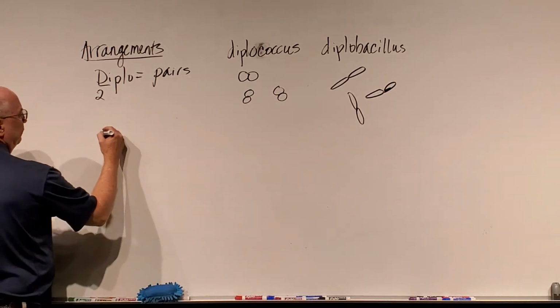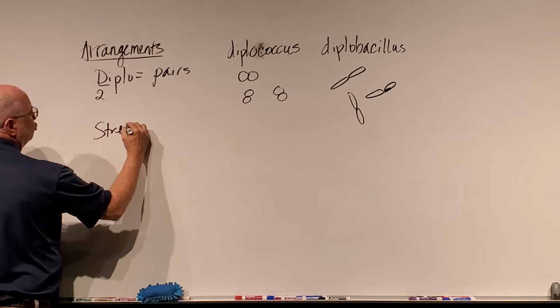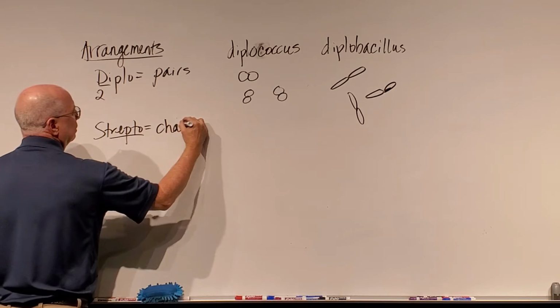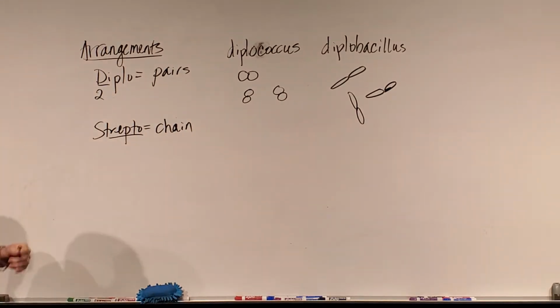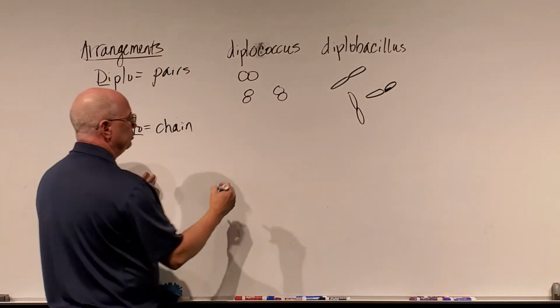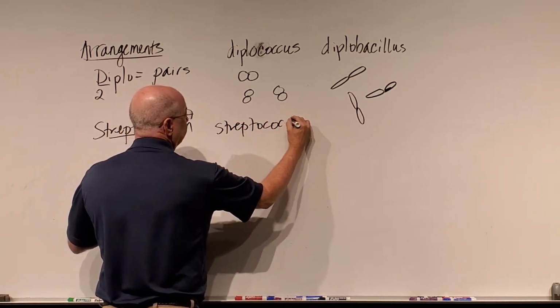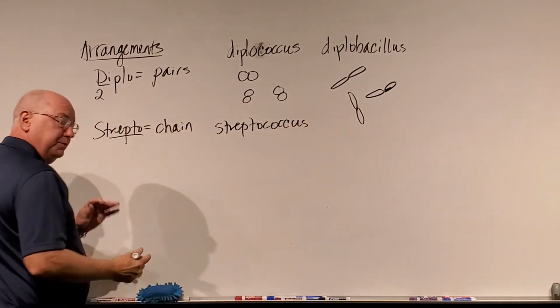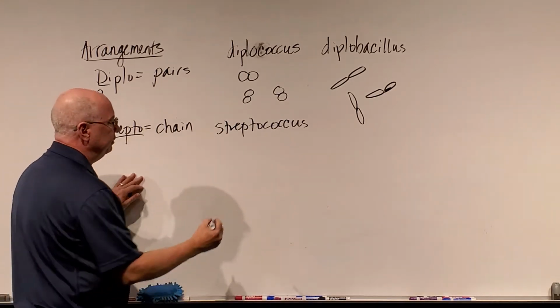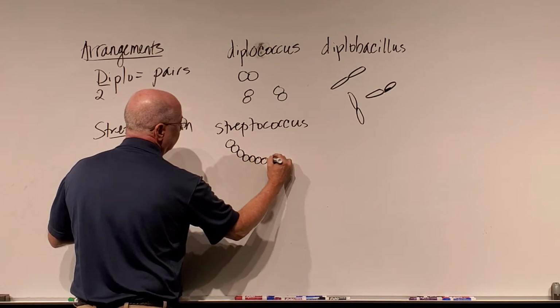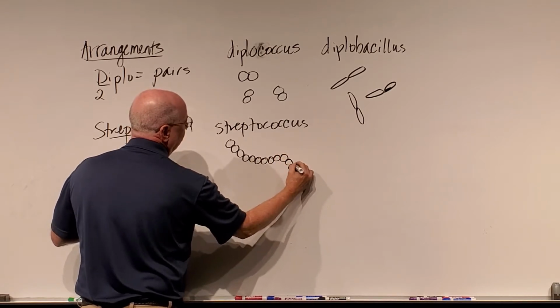Now, the term strepto refers to a chain of these guys. And so if I talk about something that is streptococcus, what that means is I can have a whole bunch of these cocci-shaped bacteria in a long chain.